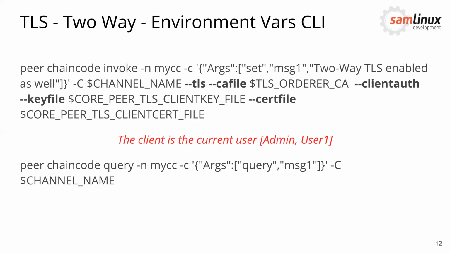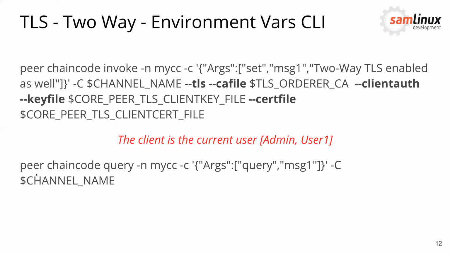Then we can try to switch between these two types of users, and we will see that the user 1 has another client certificate than the admin user. It is important to know that every client has its own TLS certificate and its own TLS private key.